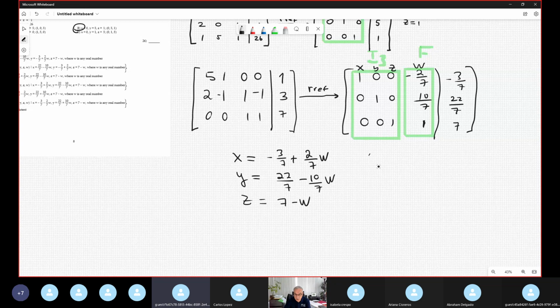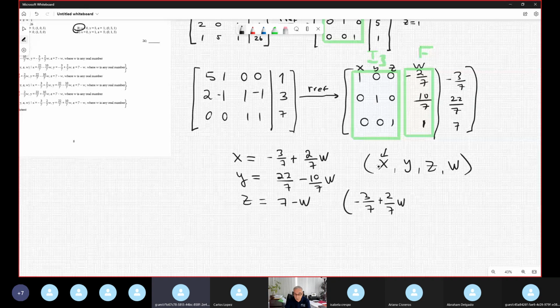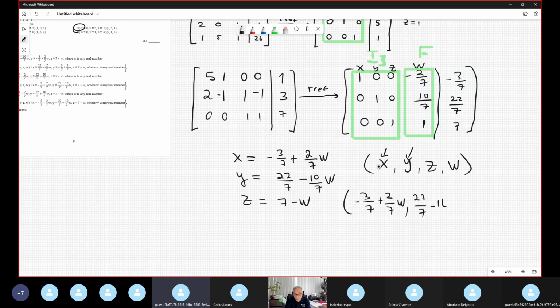Okay, four-dimensional context is x, y, z, w, ¿no? Ajá. Entonces, en x, you replace by this. So es minus 3/7 plus 2/7 w. This is x component. Y component is 22/7 minus 10/7 w.